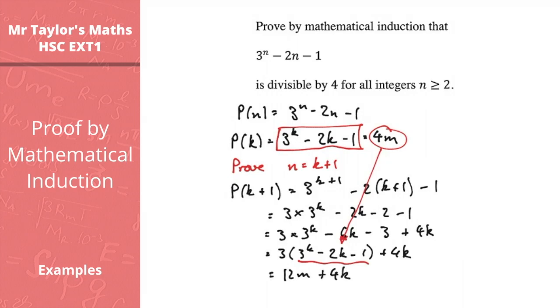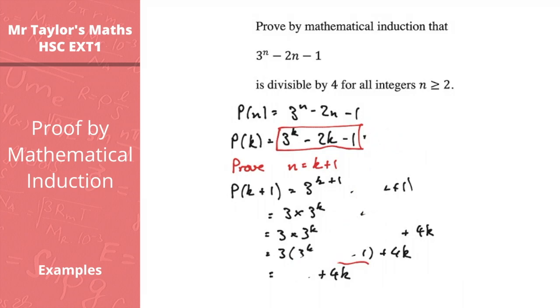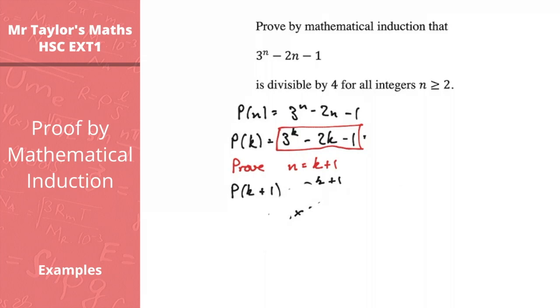I'm running out of room, so let's write it up here. 12m plus 4k. And then I can take out that factor of 4. So that's 3m plus k.